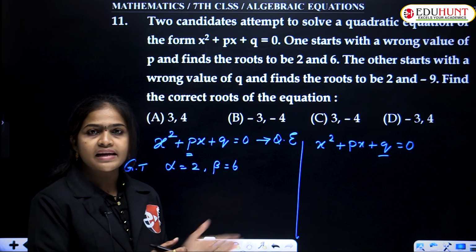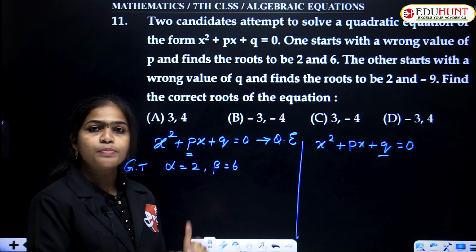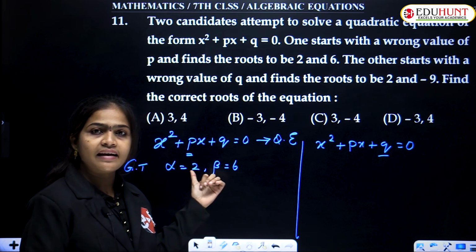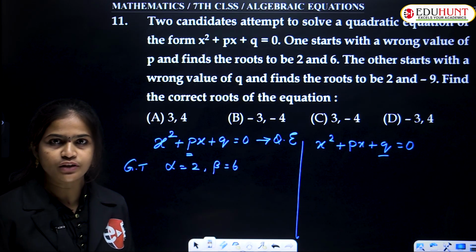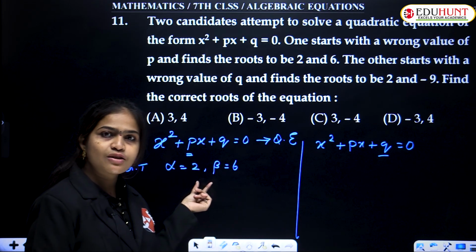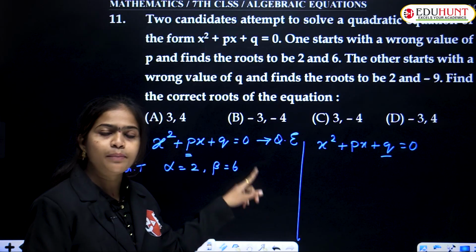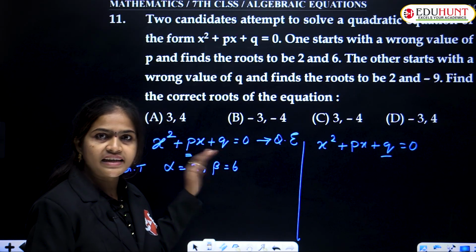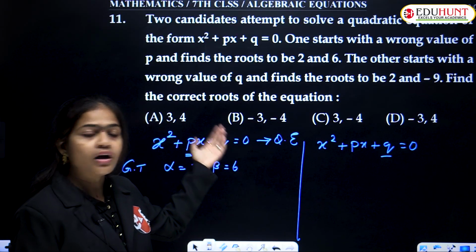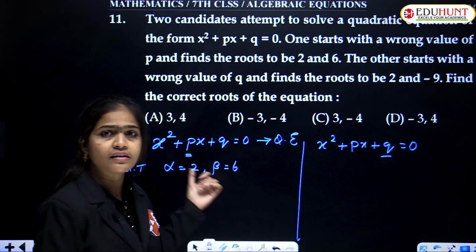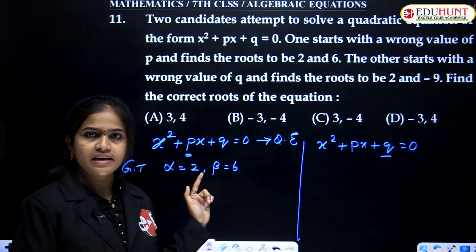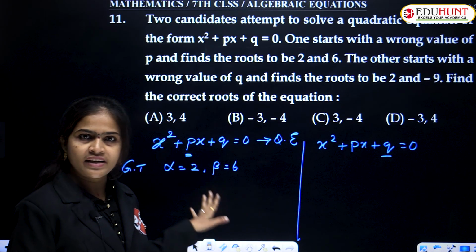So the two persons are ready to simplify this. The first person, what he did, he took p as a wrong value. Okay, p is an incorrect value. So here p is wrong means q value is correct only, but the p value he took is wrong. But he got the roots as 2 and 6. Understand? So this is what the first person did.